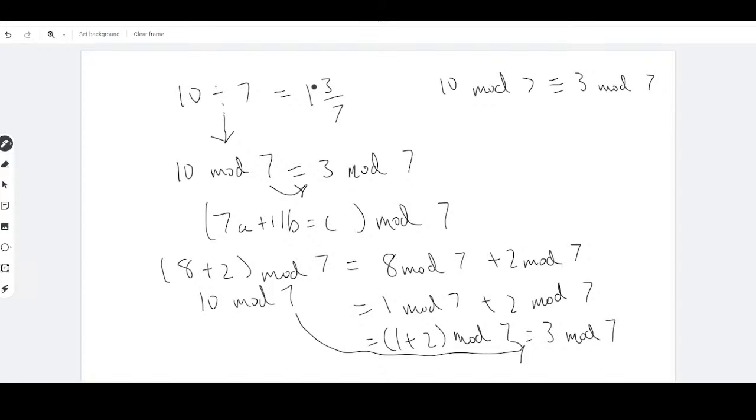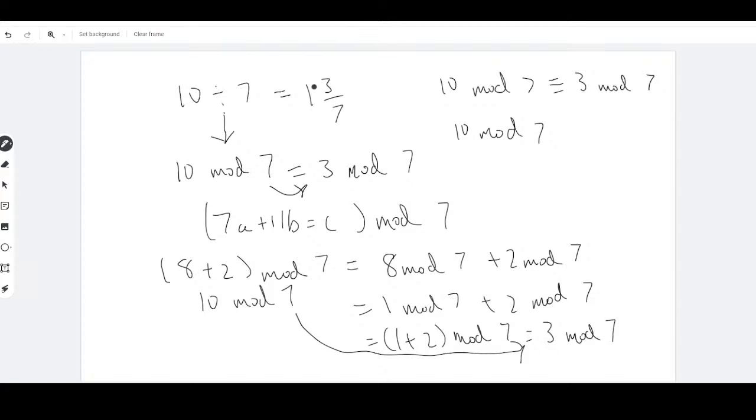So when we're saying 10 mod 7 is congruent to 3 mod 7, we're saying that 10 divided by 7 has the same remainder as 3 divided by 7. Usually if we're given 10 mod 7, you want to reduce this to the number that... I don't know.